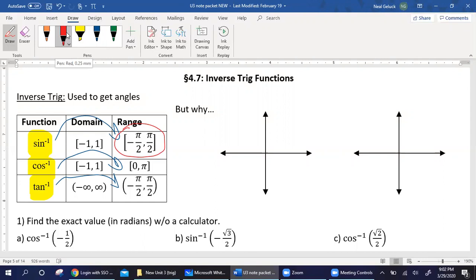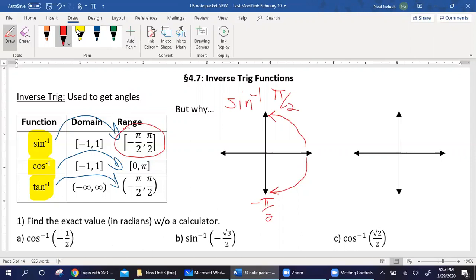Remember, -π/2 is just a rotation the other way, down 90 degrees, and +π/2 is up to 90 degrees.